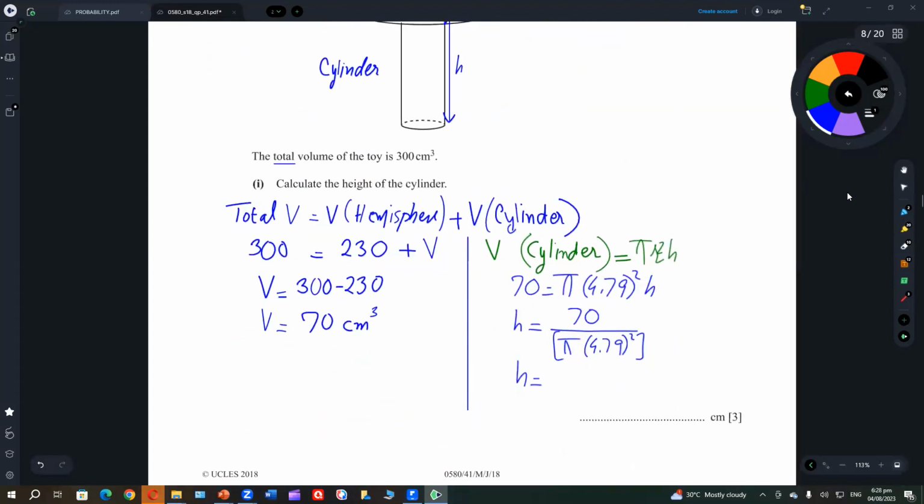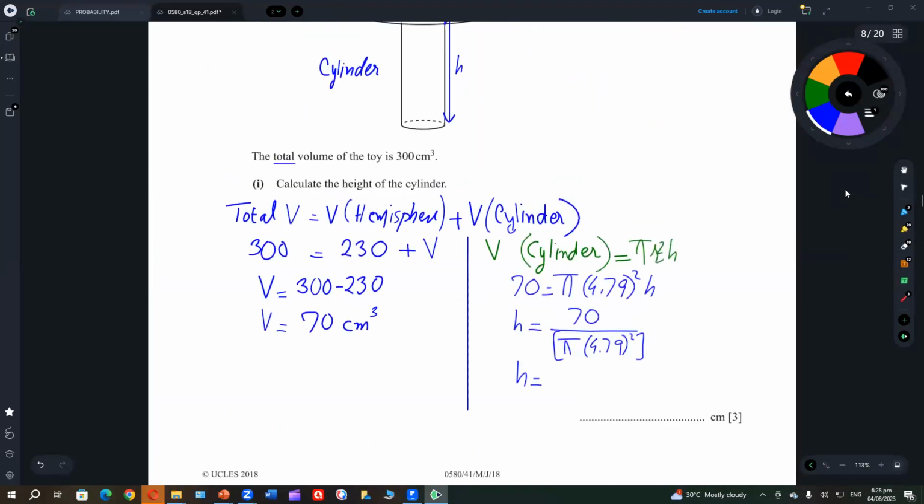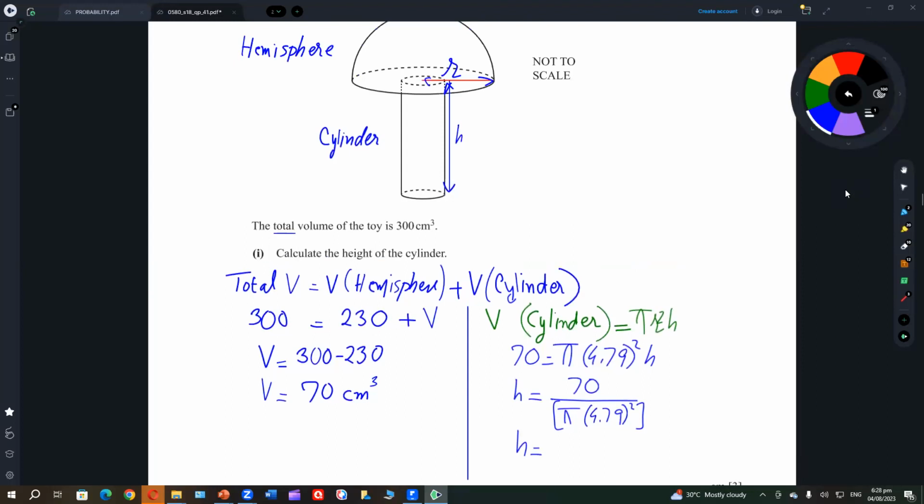The radius of the cylinder is different and is asked in the next part, in B, it's 1.6. So we can't use the radius of 4.79 here, but he's asking to calculate the height of the cylinder.